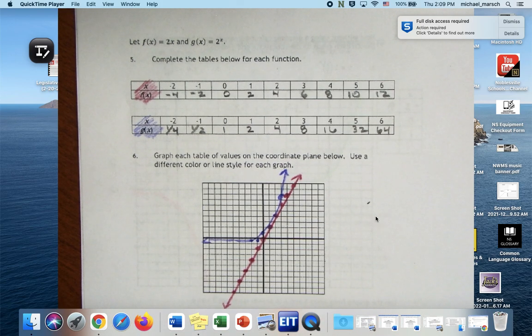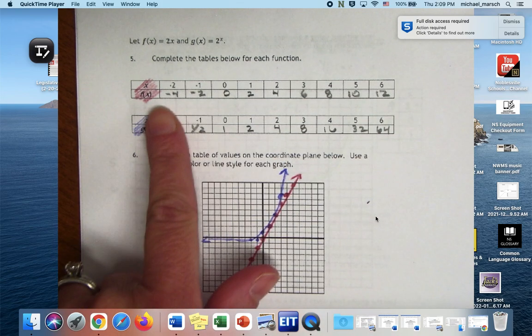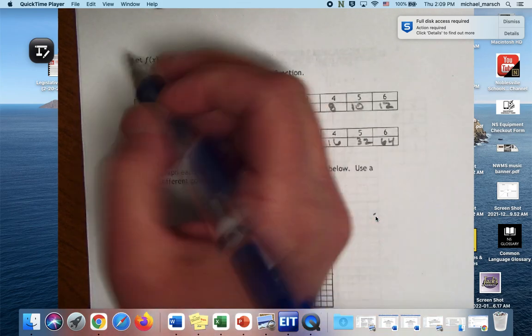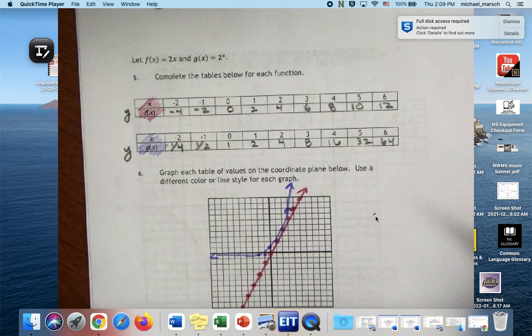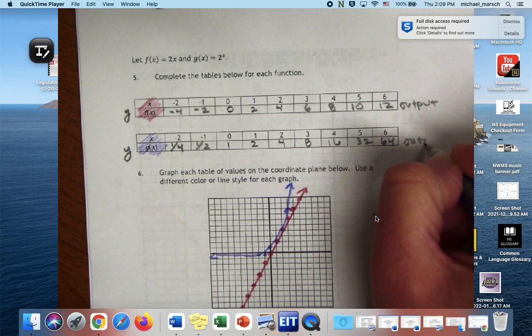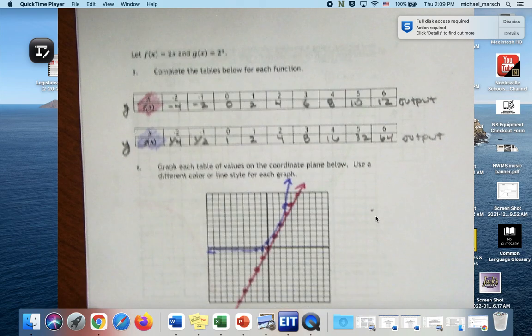All right, Jason claims that the output of this function will always be greater than this function. So he claims that our y values are always greater than our y values for this one. Remember, this f of x is a fancy way of saying y, which is our output, right? We all know that.